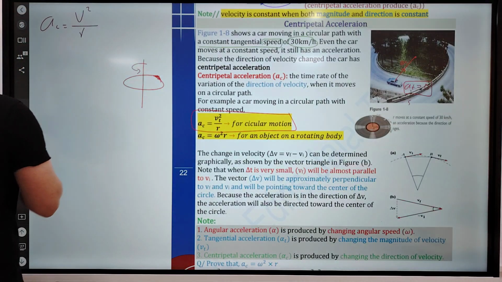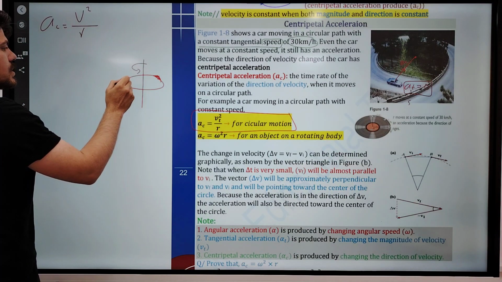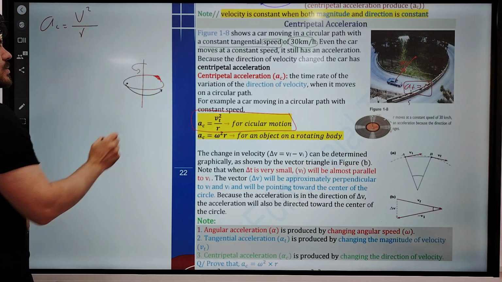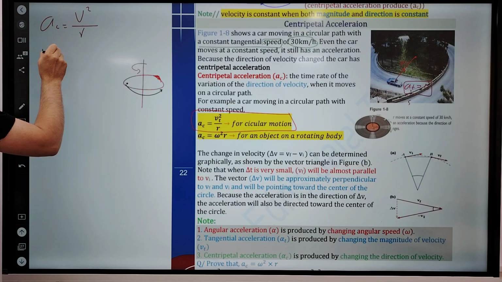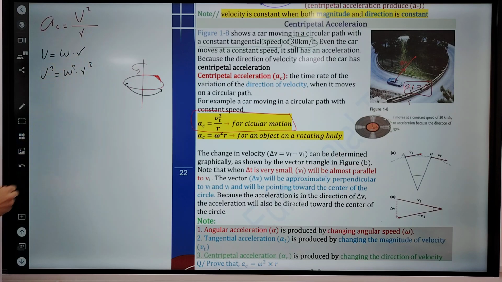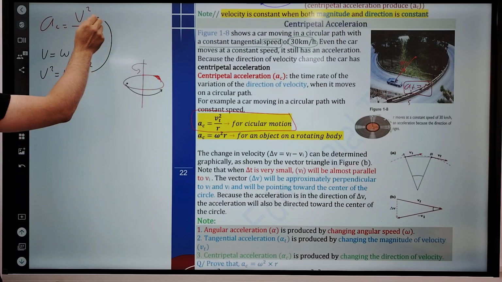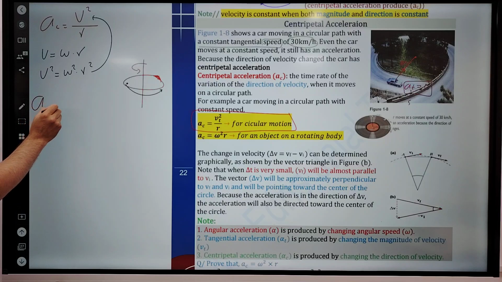Any point on this object undergoes what? A circular motion. So because v is equal to omega R, v squared is equal to what? Omega squared R squared.